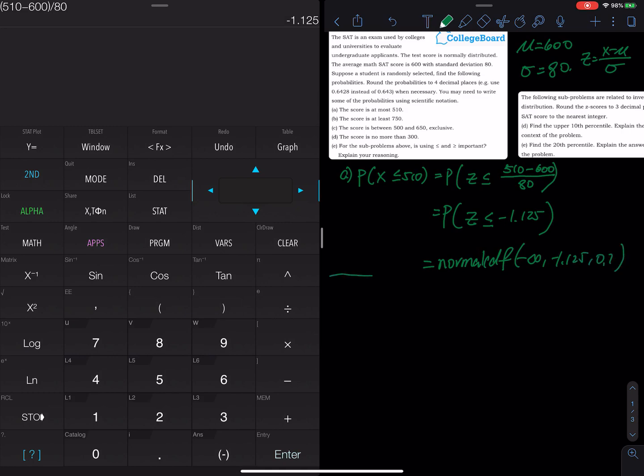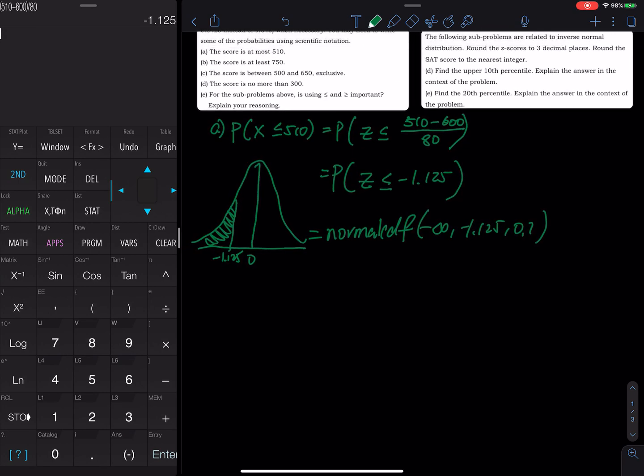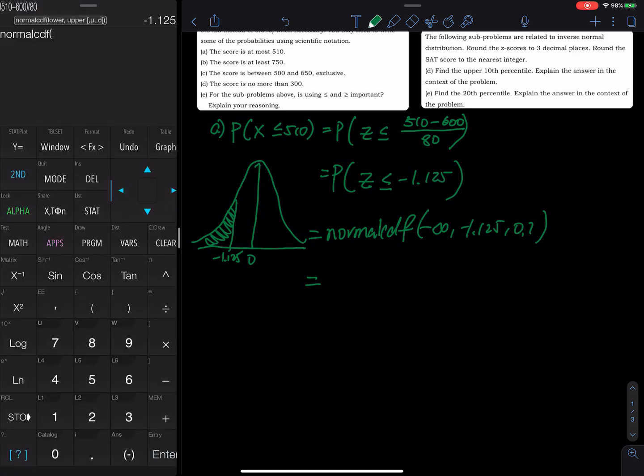The graph is this. You have a bell curve, and the mean is equal to 0, negative 1.125, and then you have a left-hand side. That is the probability that you are looking for. So go back to the problem. What is that equal to? You go to second vars, and then you select normal CDF.